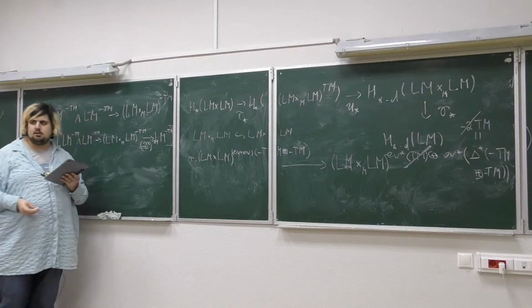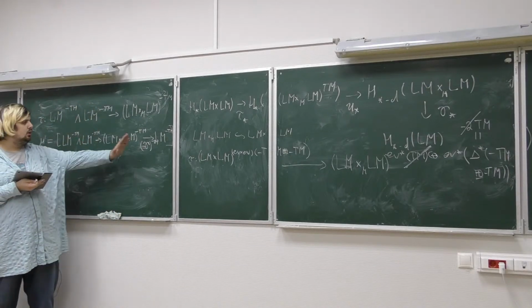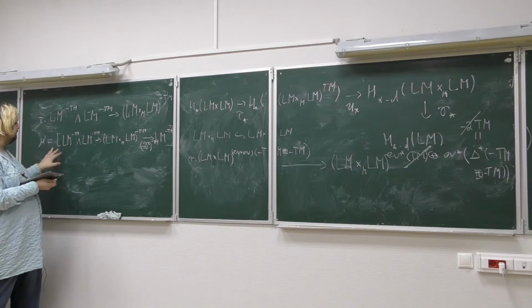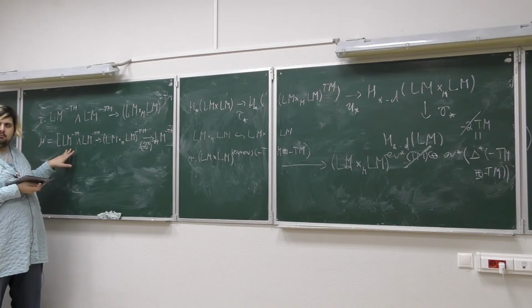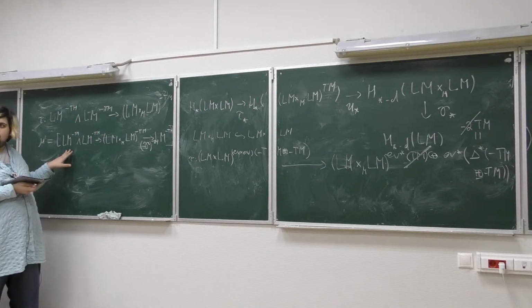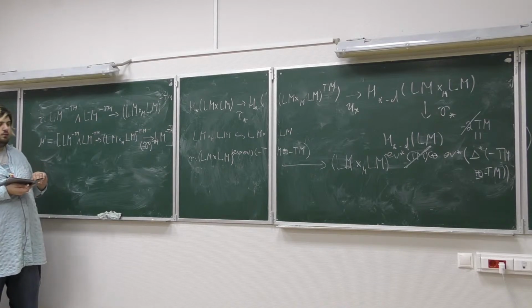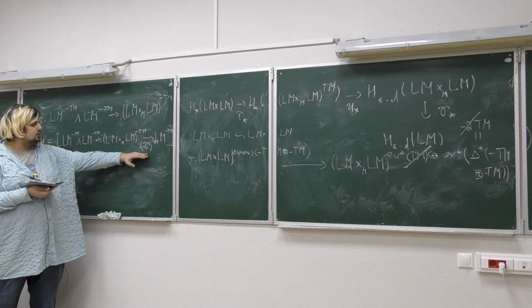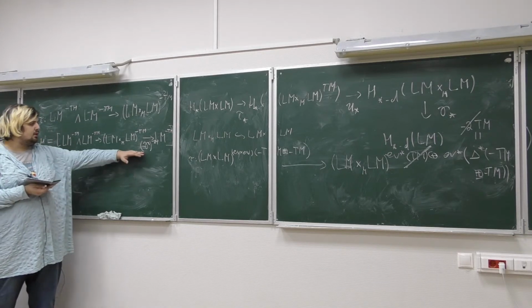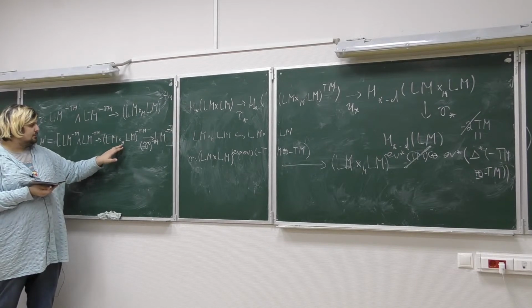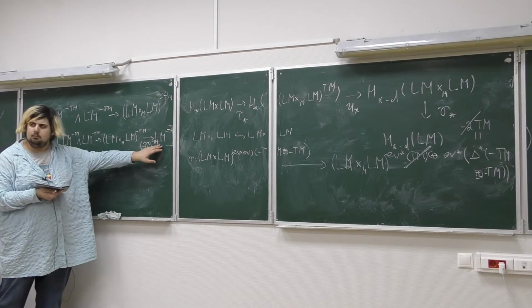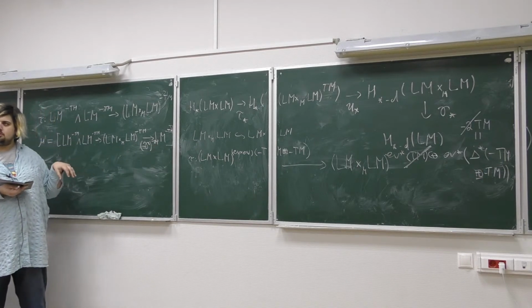So gamma is once again loop concatenation, and we get the multiplication on the spectrum Lm to the power minus Tm. Is it clear? Hold on. What's the last arrow on the level of spectra? Yes, that's just so we can take, first of all, the map of spaces Lm times over M Lm to Lm, given by concatenation of loops.